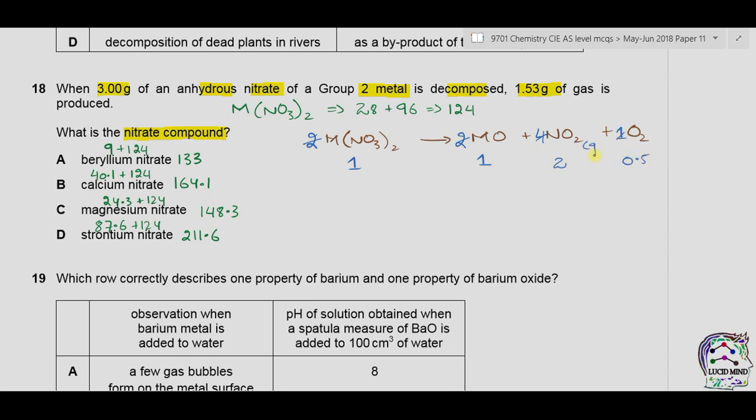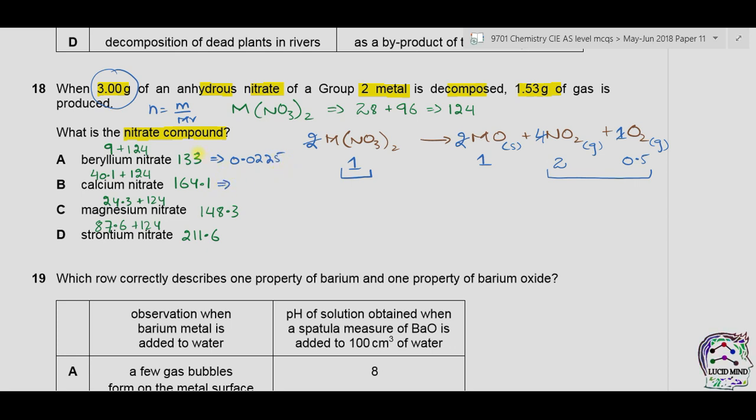As we know that only NO2 and O2 are gases, metal oxide is solid, so we have to consider these 2 moles and this one. Let's find the number of moles of the reactant. The mass is 3 grams. As number of moles is equal to mass in grams divided by molecular mass, 3 divided by 133 will be equal to 0.0225.